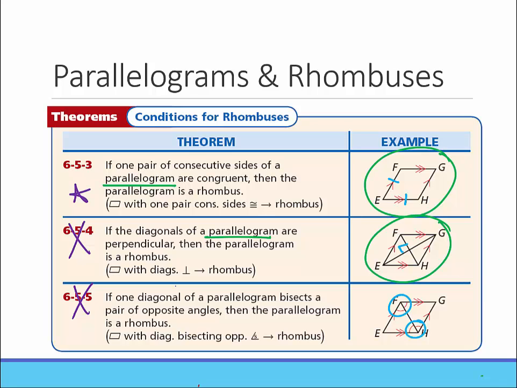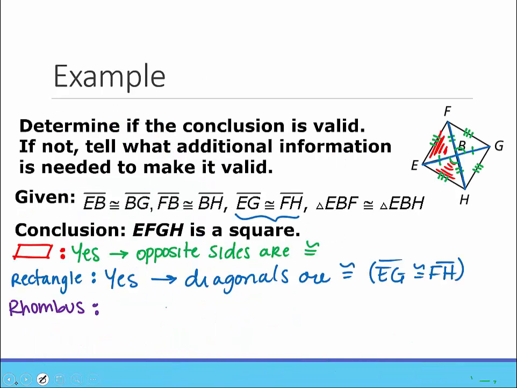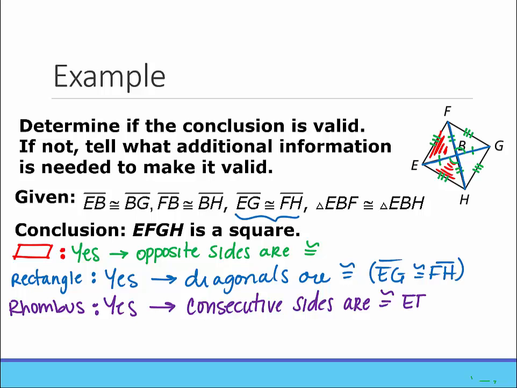But we do know that consecutive sides are congruent because all of these triangles are exactly the same. So yes, it's a rhombus because consecutive sides are congruent. And we can say like the EF is congruent to, let's do EH.